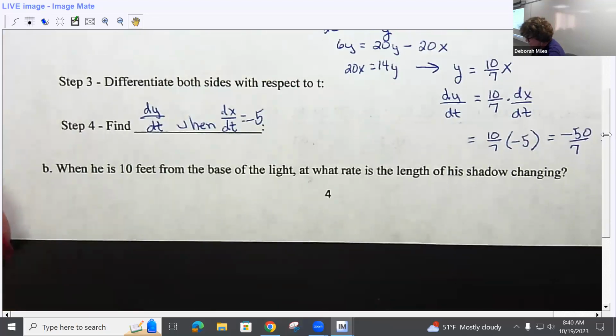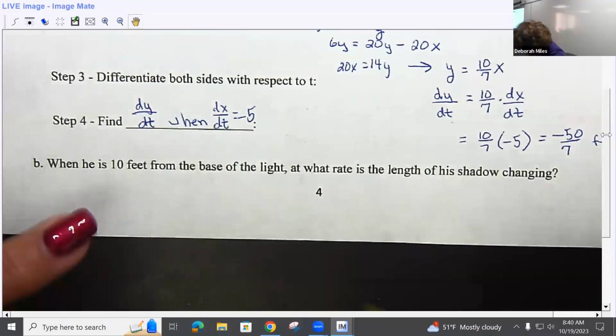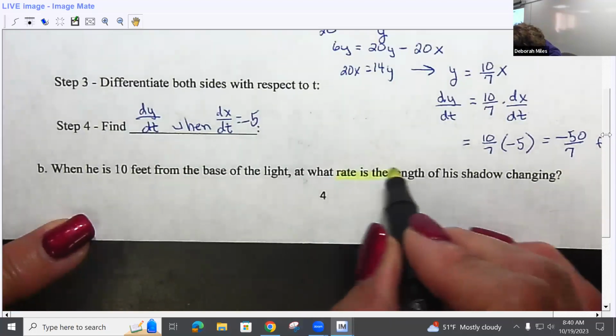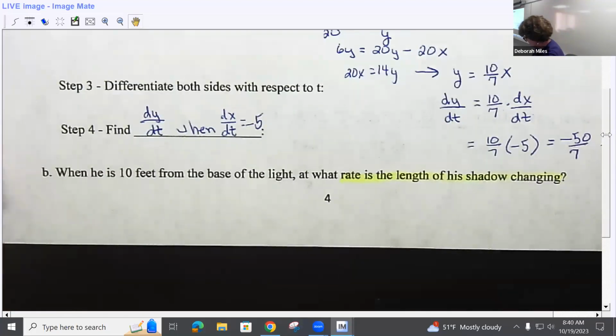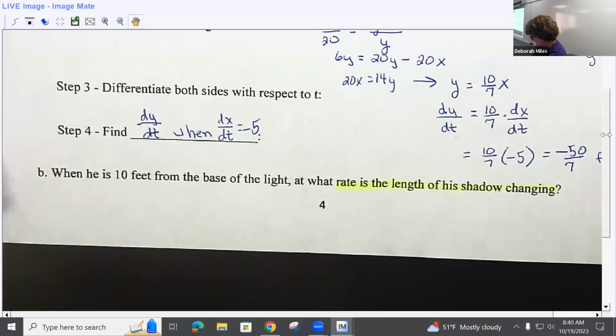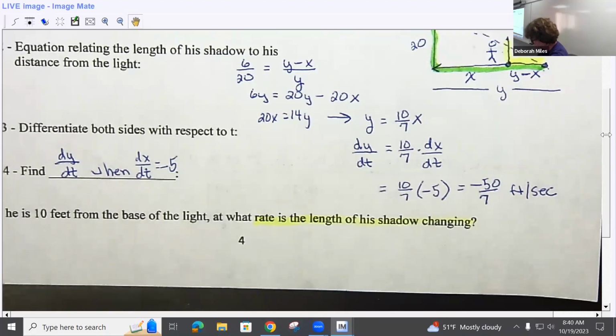The B part says when he is 10 feet from the base of the lot, at what rate is the length of his shadow changing? Well, what symbol can we use for the rate at which the length of his shadow is changing? The length of his shadow is given by y minus x, the way that I labeled my picture.